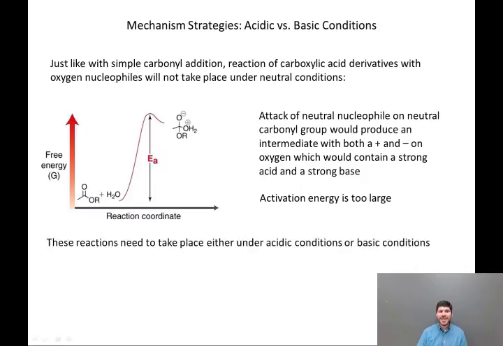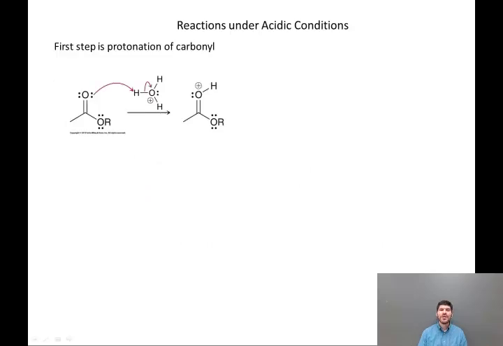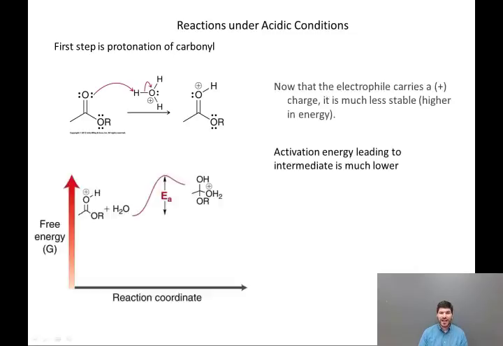Just like in the case of simple carbonyl addition, when we talked about acetals and hemiacetals, these reactions need to take place under either acidic conditions or basic conditions. Under acidic conditions, the first step is going to be protonation of the carbonyl oxygen using acid to make it a better electrophile.